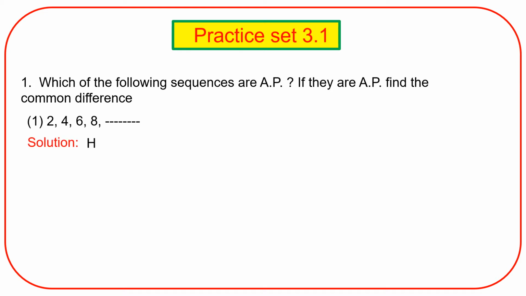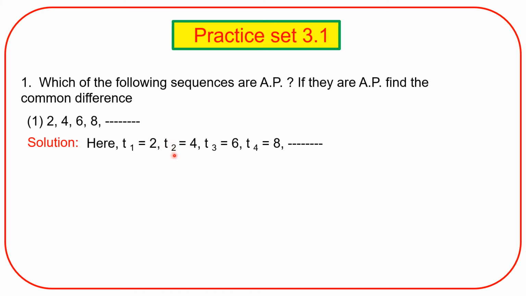Here T1 is equal to 2, T2 is equal to 4, T3 is equal to 6, T4 is equal to 8, and so on. So for an AP, the difference is equal or the same. So here we find out the common difference.